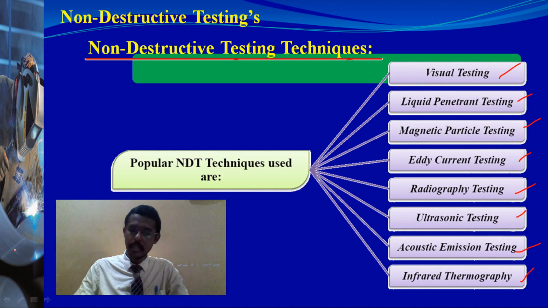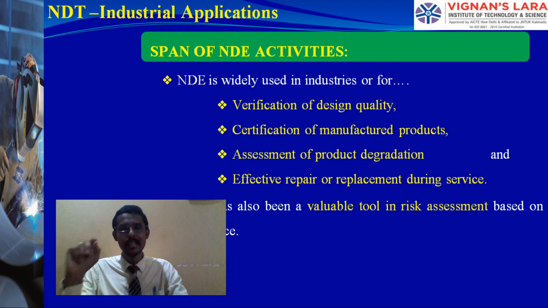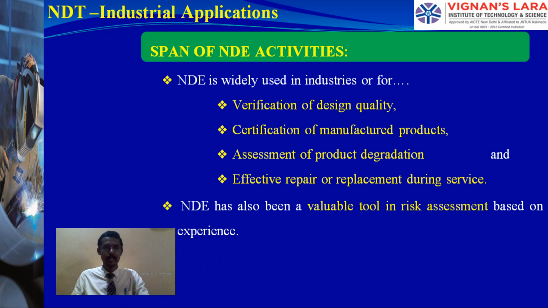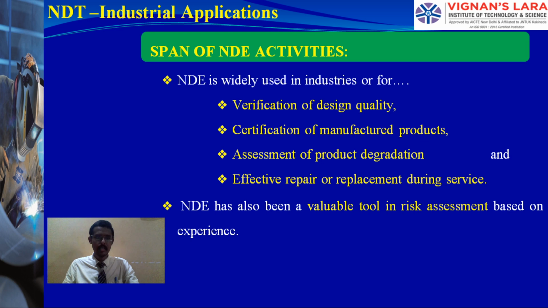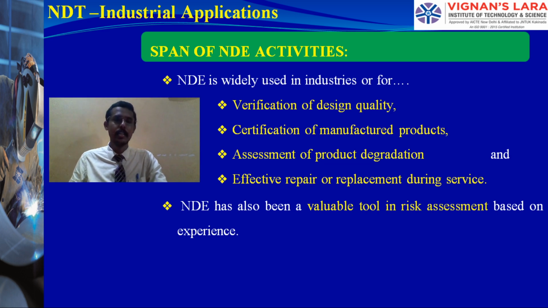Let me take the first one: what are the various activities that can be done by these NDT methods? We have studied the various types of NDT in the previous lectures. In continuation, what is the usefulness of this NDT technique?